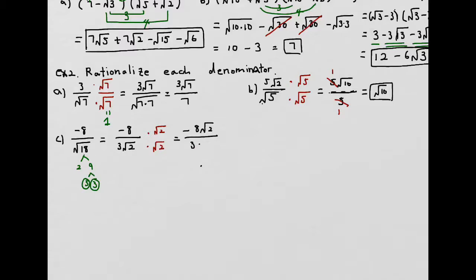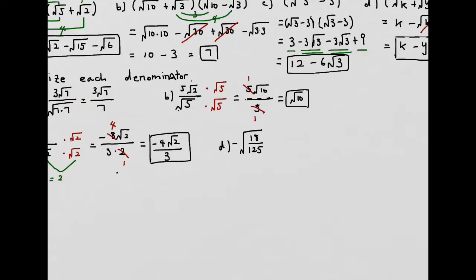So this square root of 2 times square root of 2 is equal to 2, right? So you had 3 before, and this gives you times 2. And again, before you go any further, you can reduce. So we know that 2 goes into 8 4 times. So you have negative 4 square root of 2 over 3 remaining. And I don't see anything else to reduce.